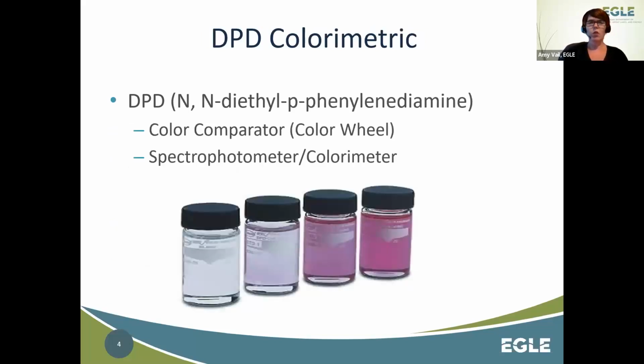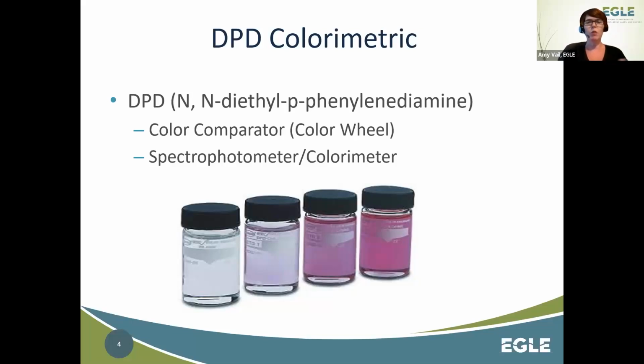So for the DPD colorimetric method, DPD stands for N,N-diethyl-p-phenylenediamine. So we call it DPD because that's just a little less of a tongue twister. And there's pretty much two different ways that you can look at it. We have the color comparator, which is the old color wheel, and we have either a spectrophotometer or a colorimeter.